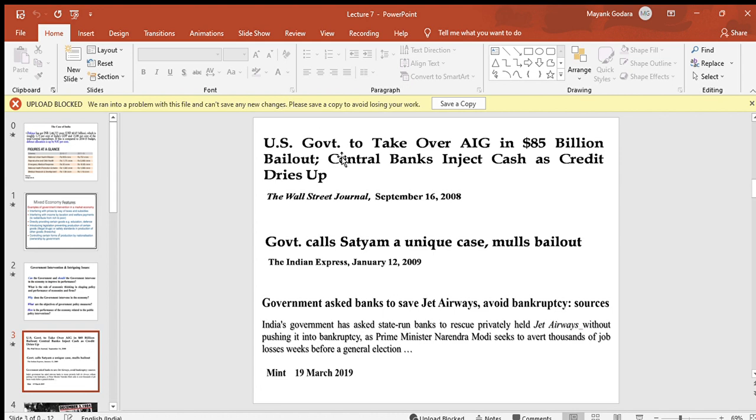The U.S. government, in 2008, when there was a great recession, took over AIG in an $85 billion bailout. Central banks injected cash as credit dried up. In the Great Recession, AIG faced a huge loss, approximately $9 billion.